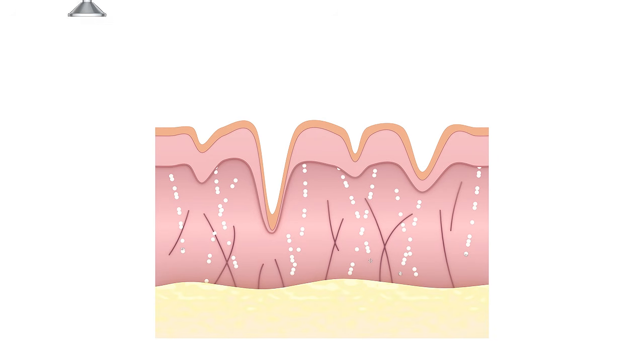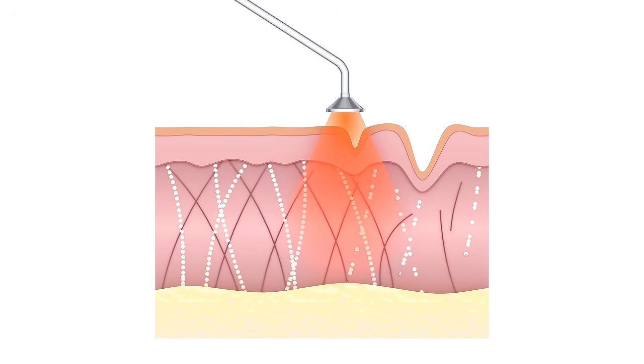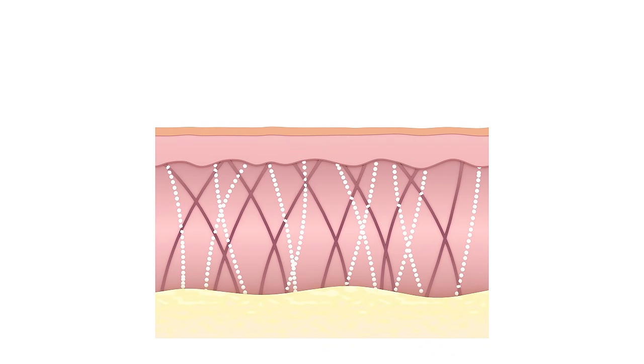Well, and then we can actually talk about that. One of the things people that like CO2 talk about is the fact that all this heat that the CO2 generates causes this immediate tissue contraction. And that's true. You can watch a CO2 laser being performed and you can visibly see with your eye that there's this immediate contraction, which is from the immediate heating of the tissues.